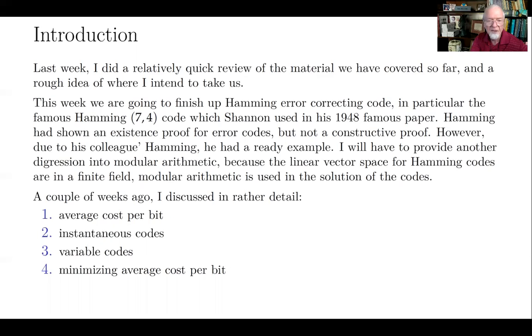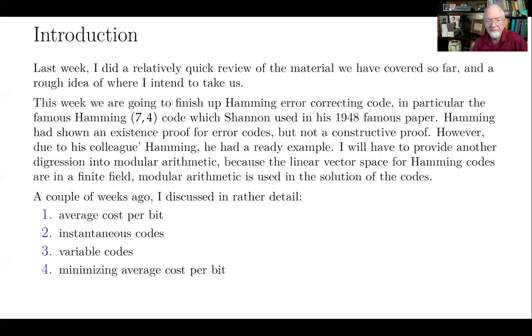So Shannon, in his original paper, had done an existence proof. This proves that something is true, but it doesn't tell you how to get the answer. He did show that one particular code, the Hamming 7,4 code, was an example of how it would work.